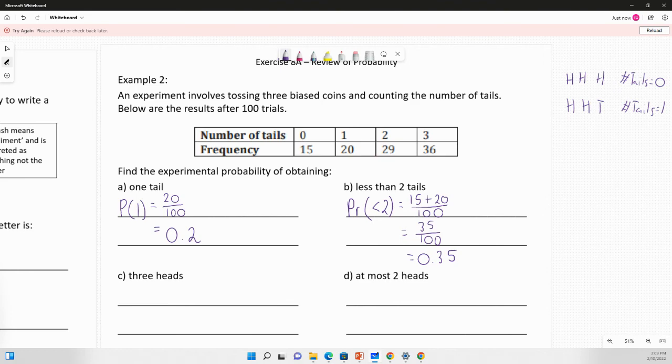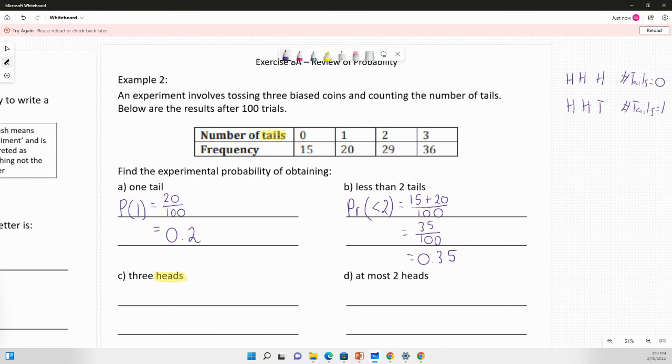Now, we also have here the probability of obtaining 3 heads. Just pay really close attention to what this question is asking. This is asking about 3 heads, and this table is telling us the number of tails. So, as we were thinking about before, to get 3 heads, that means you get head, head, head, meaning no tails.